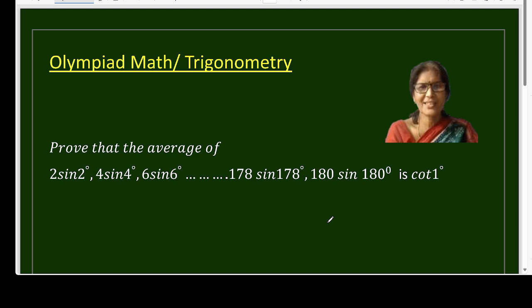Today we will be solving one trigonometry question which is asked in Olympiad maths. Prove that the average of 2 sine 2 degree, 4 times sine 4 degree, 6 times sine 6 degree up to 180 times sine 180 degree is equal to cot 1 degree.